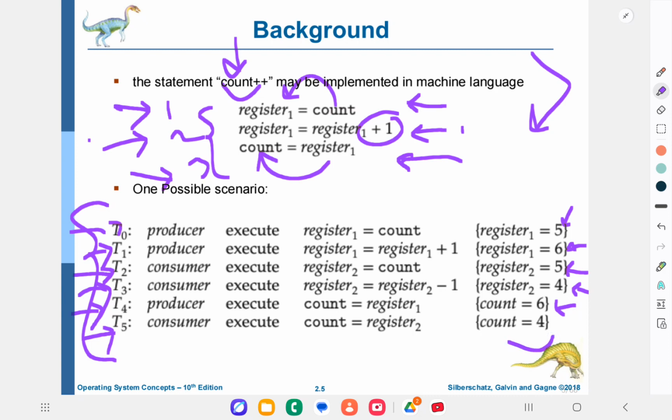Now count has a value of 4. So 4 here is an incorrect outcome, because we said the only correct value should be 5. And we ended up with a wrong value because of this interruption, right? These processes kept interrupting each other, and we had no means of synchronization in between.